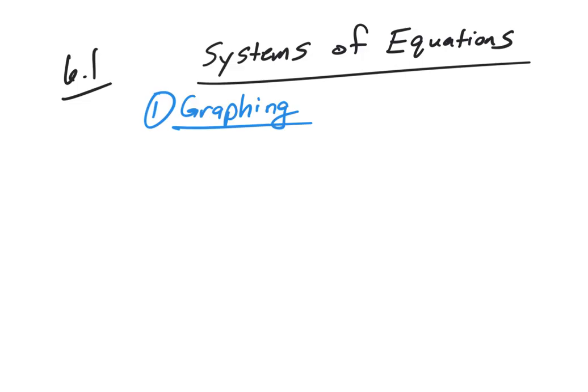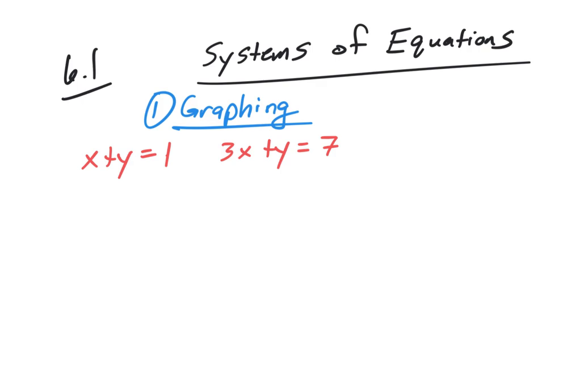And so the way it's going to look is we're going to have two equations. And we want to solve the system. And so the first method we're going to solve it with is graphing.